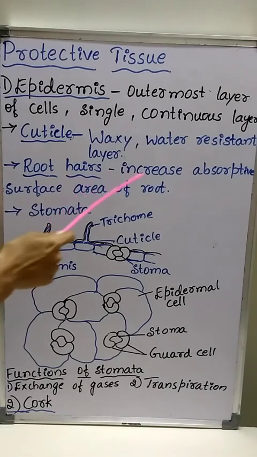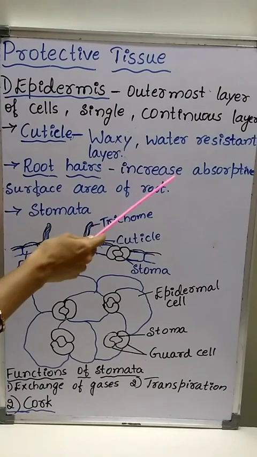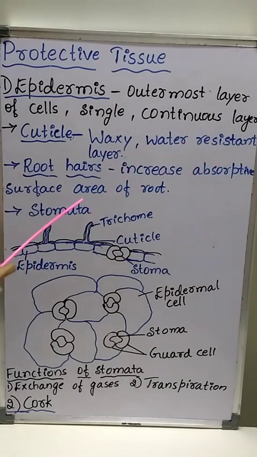These root hairs increase the absorptive surface of the root, which means they increase the rate of absorption of water from various areas. The main function of root hairs is the increase in the absorptive surface of the root.